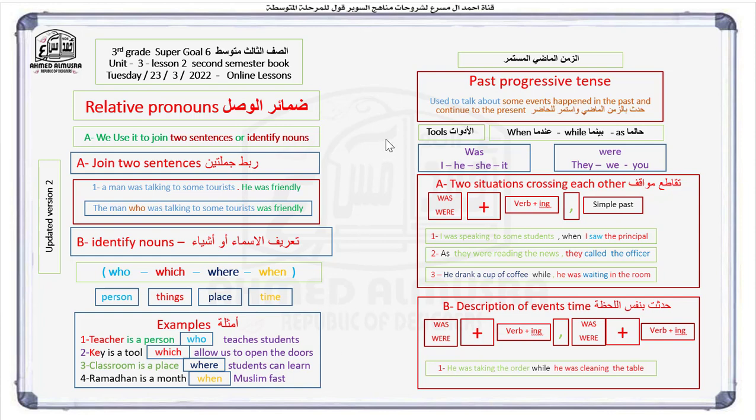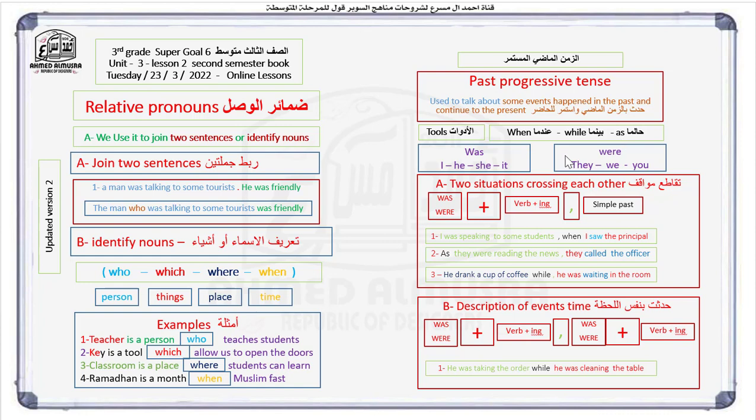Let's move to the other topic, which is the past progressive tense. The past progressive tense talks about events that happened in the past and continued. The tools are when, while, as. Remember, as usually comes at the beginning of the sentence.